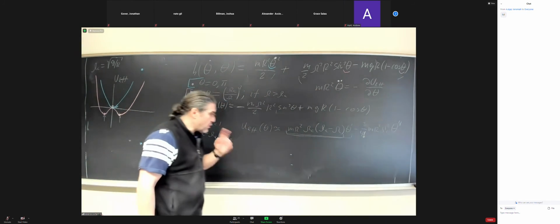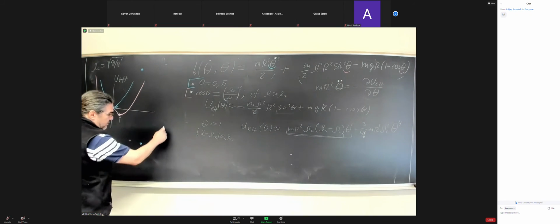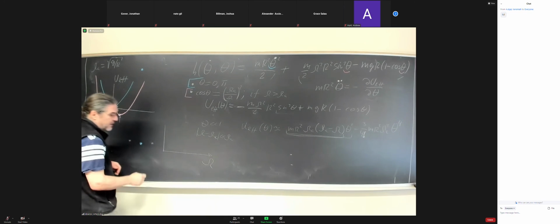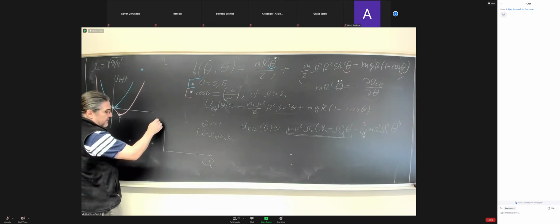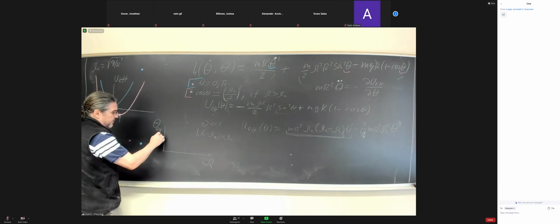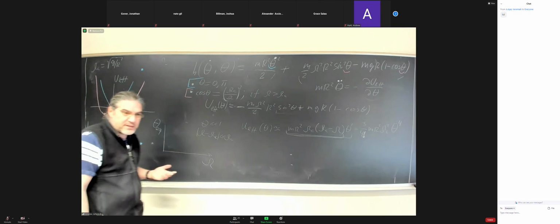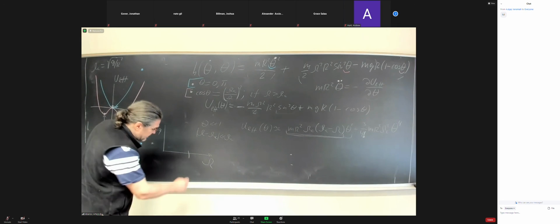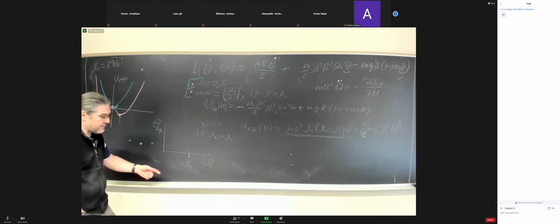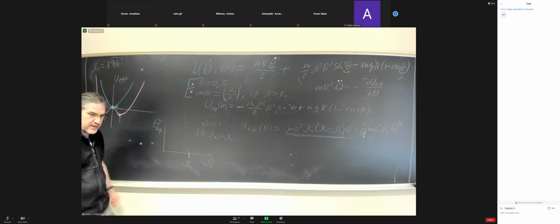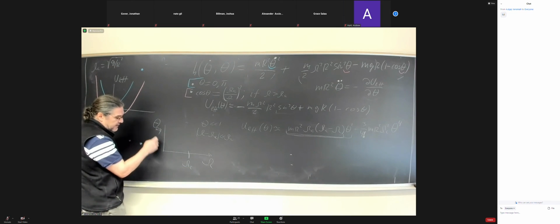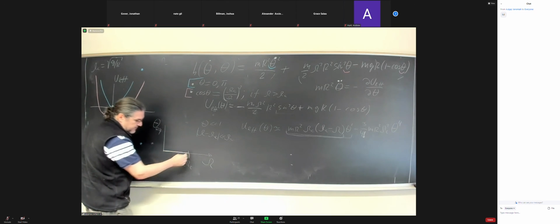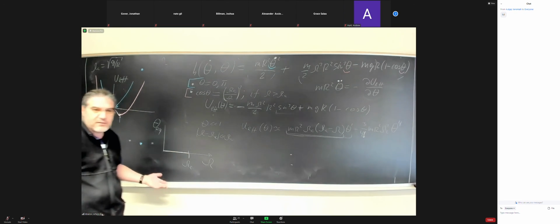One more point which I want to make. Let's draw the graph: omega, and here I have my theta of stable equilibrium. This is my omega critical, and when omega is less than omega critical, my theta equals 0. The theta of the equilibrium position is 0.